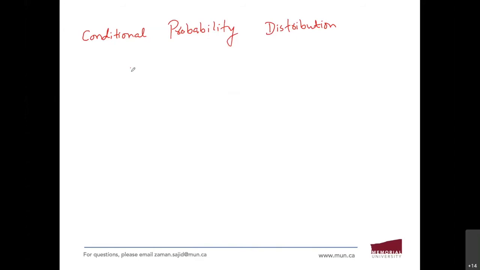Now this formula you have seen in your statistics courses, probability of A, given that, this is a symbol for the given that B, is equal to probability of A intersection of B over probability of B. Now what we are going to do, we are going to study the conditional probability distribution for joint functions.